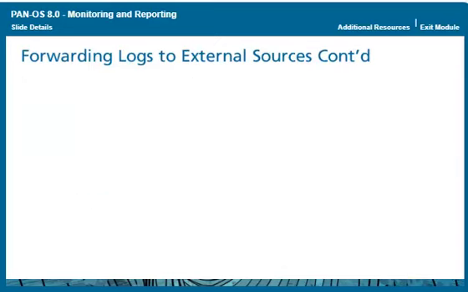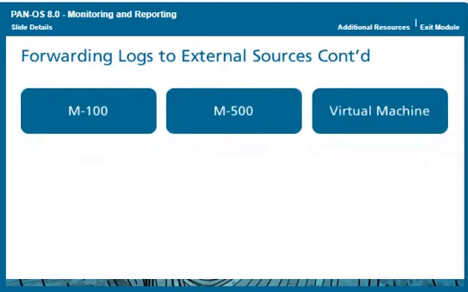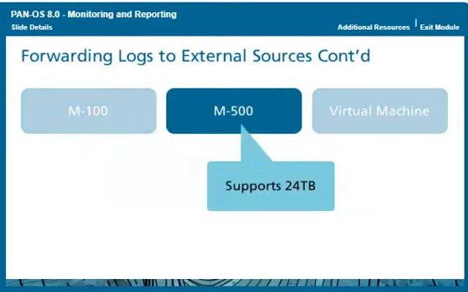Panorama is available as either a dedicated management appliance known as the M100 or M500 or as a virtual machine. When the M100 appliance is used as a log collector, its maximum storage capacity is 8 terabytes. The M500 appliance supports 24 terabytes.